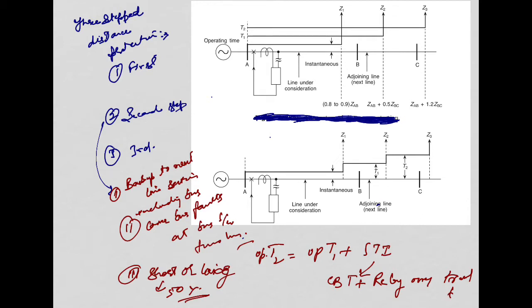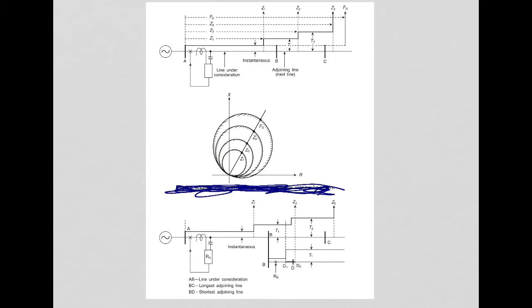As we can see from this diagram, we have one long line, that is B and C, and another short line, that is B and D. Now let us suppose that there is a fault in the region between D1 and D2, as is clear from here, this one and this one.